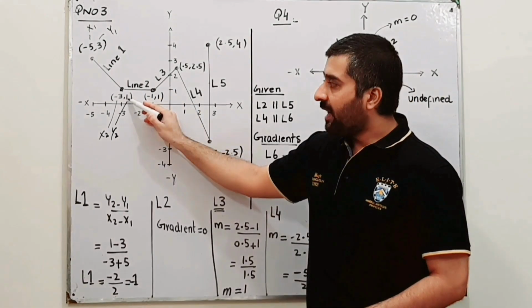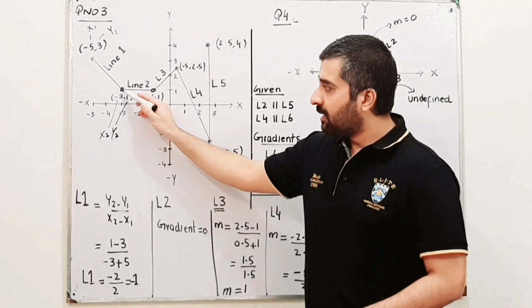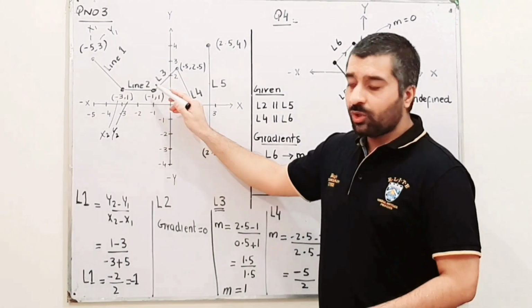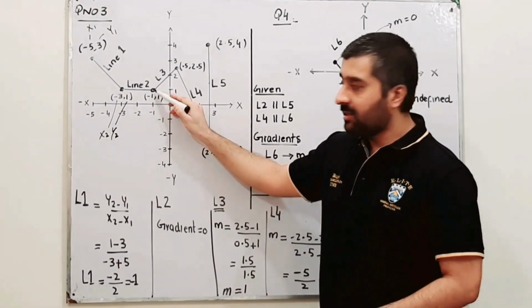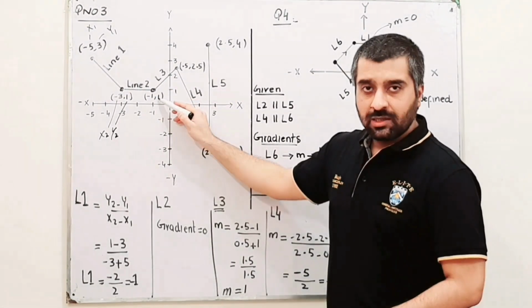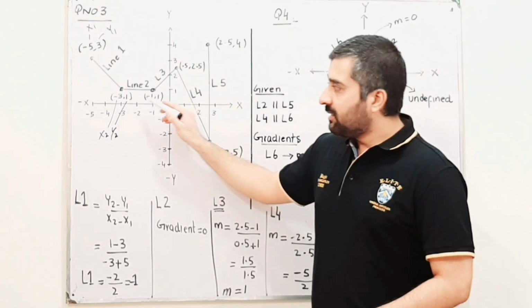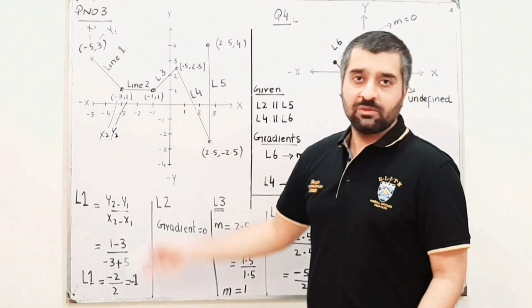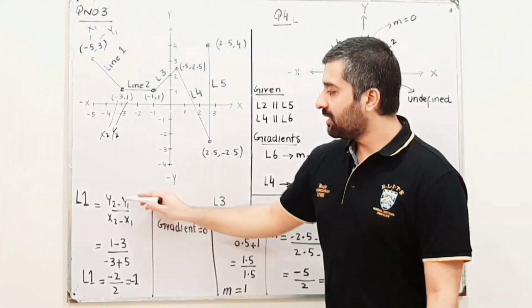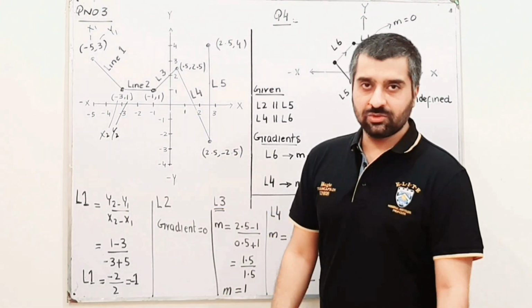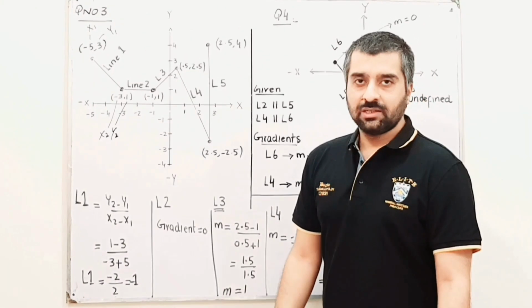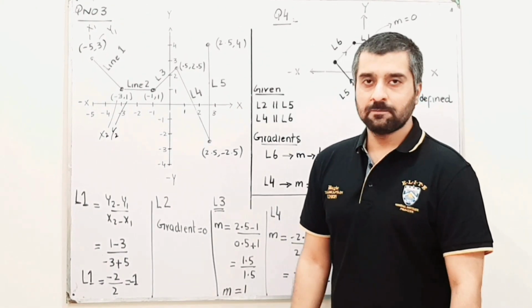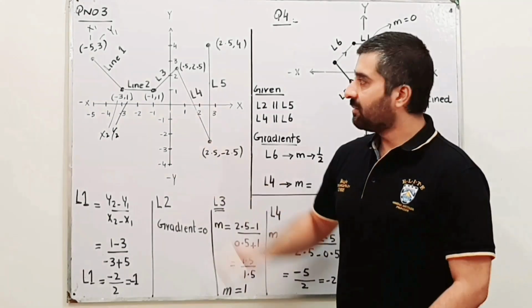You have got y value equal to 1 at this point and the value of y at this point is also 1. So y2 minus y1 will give you 1 minus 1, that will be 0. So if this is 0, it means change in y is 0, and change in y 0 means we have 0 gradient.